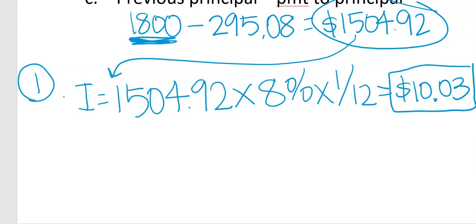Show your work, please, on these. For number 2, how much goes to the principal? Our payments are the same every single month, $307.08.